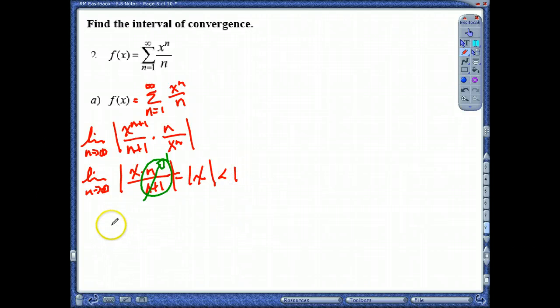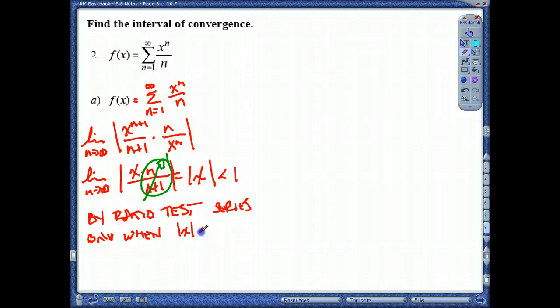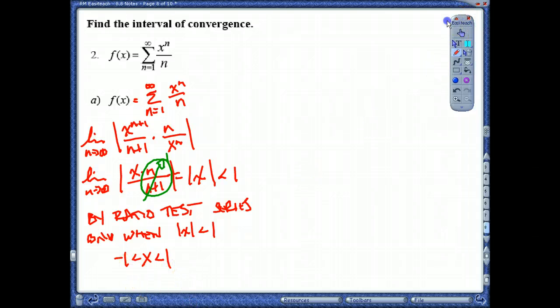So my starting point, by ratio test, I've got to put that somewhere: series converges when the absolute value of x is less than 1. So if I go ahead and rewrite that, that's negative 1 less than x less than 1. I need to test those endpoints.